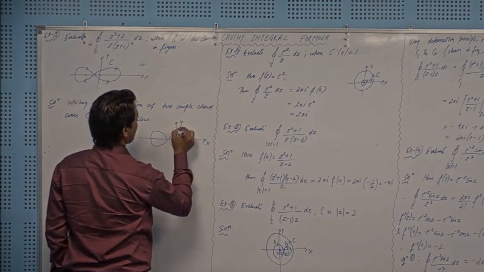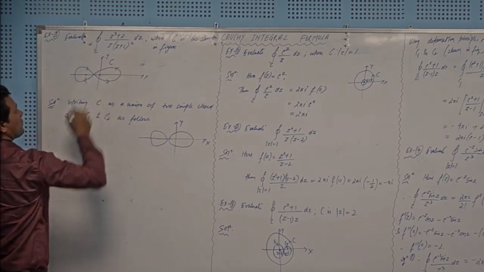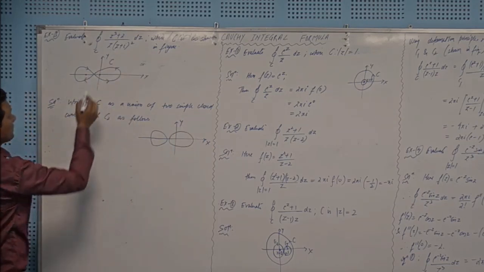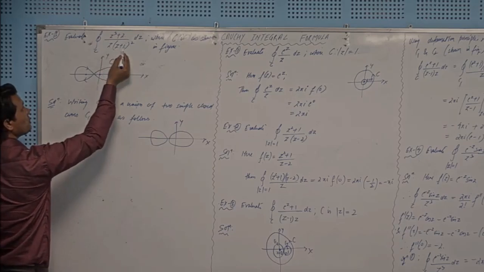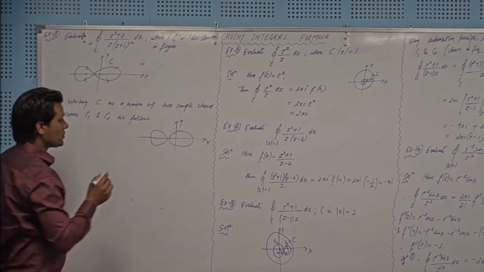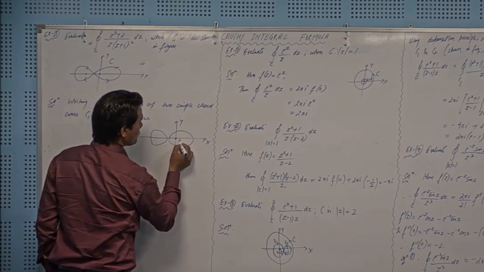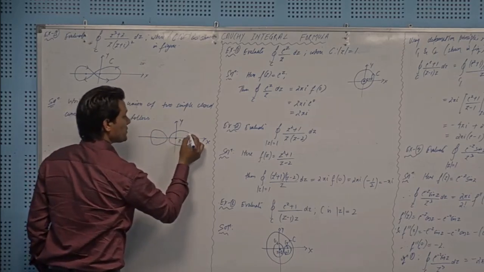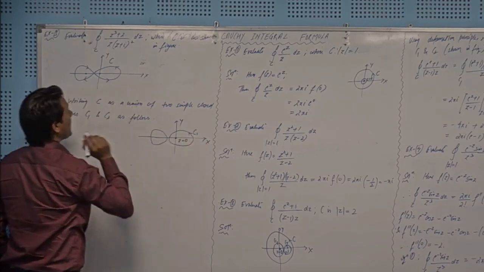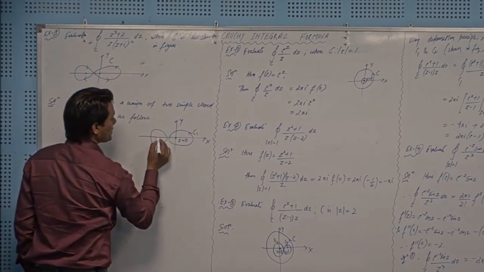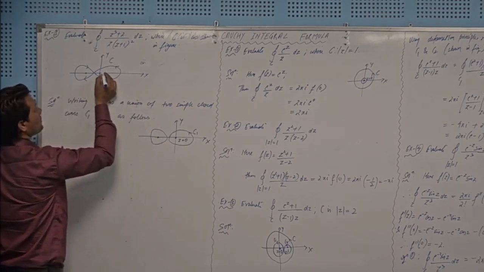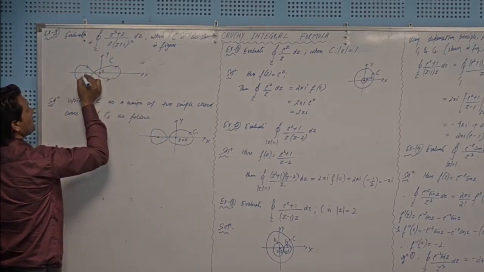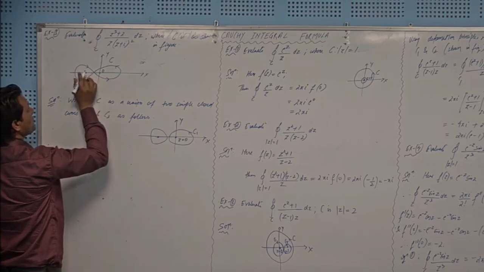X-axis and y-axis, right? And now you focus on this function. This will give you z equal to 0 and this will give you z equal to minus iota. So z equal to 0 is here, and that is enclosed by this simple curve C1. And the other singularity is z equal to minus iota, it is here. I will put 0 and minus iota here in the question.